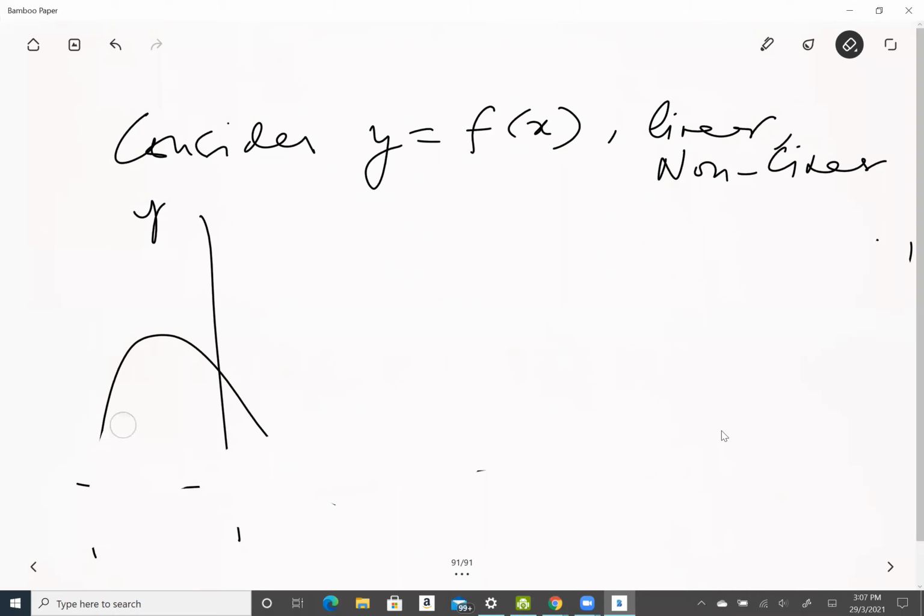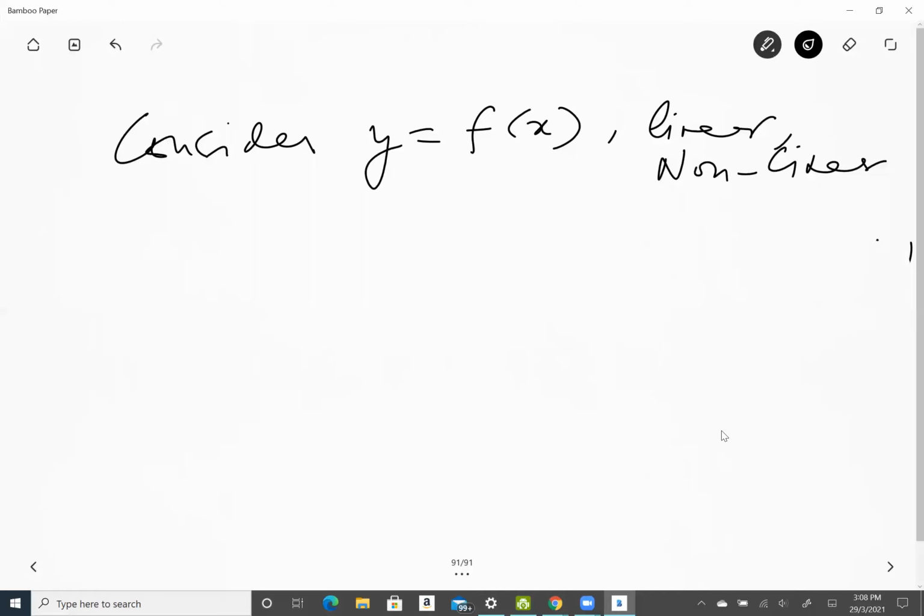What is the derivative? The idea of the derivative is based on the concept of slope. So we say a function y equals f(x) has a derivative, or we say the function y of x is differentiable.